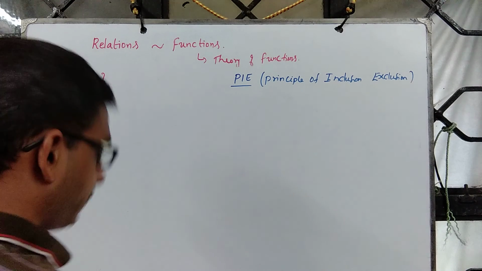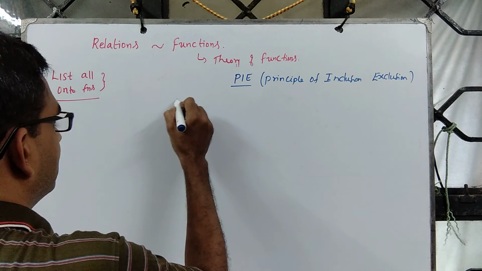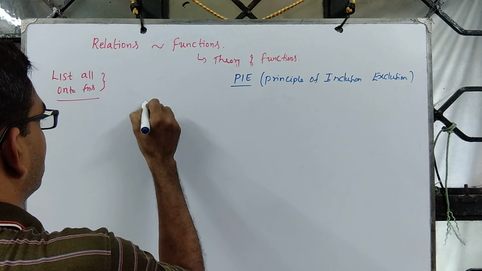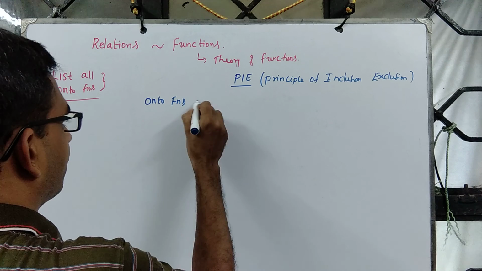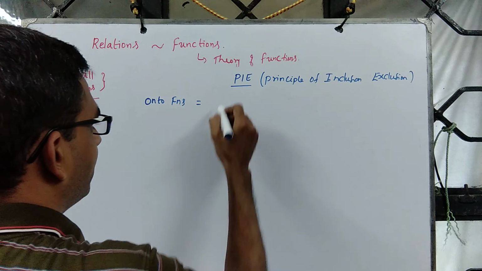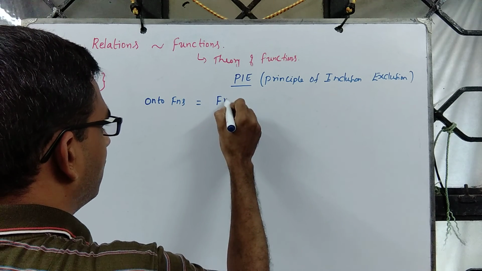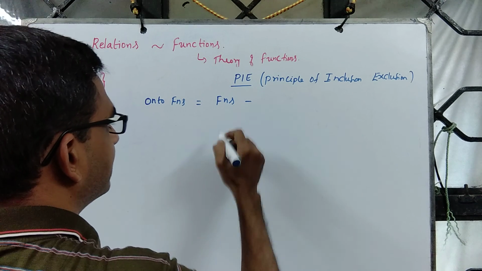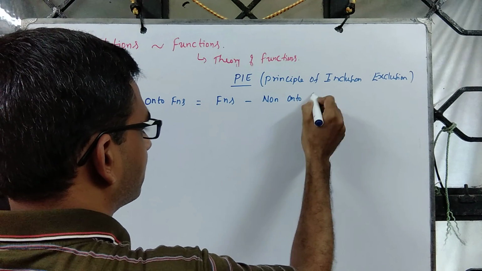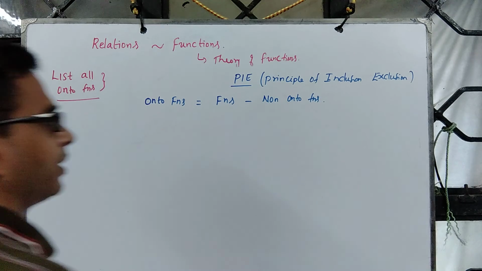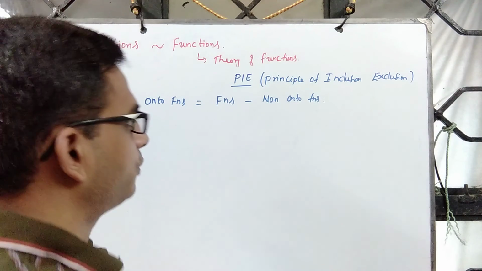So the way we are going to count this is like this. Counting all onto functions is equivalent to counting all functions minus non-onto functions. What are non-onto functions?